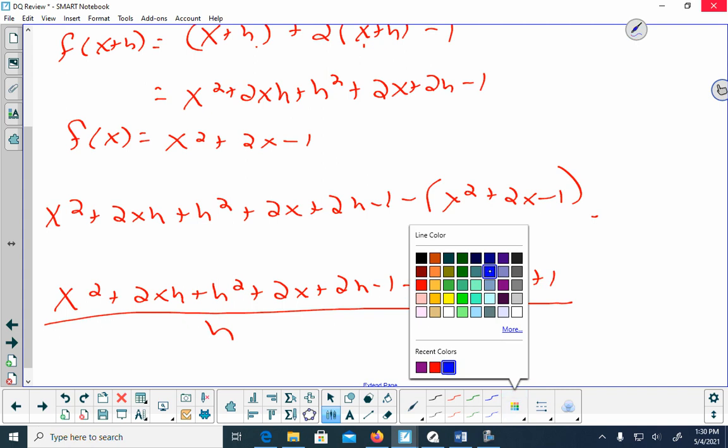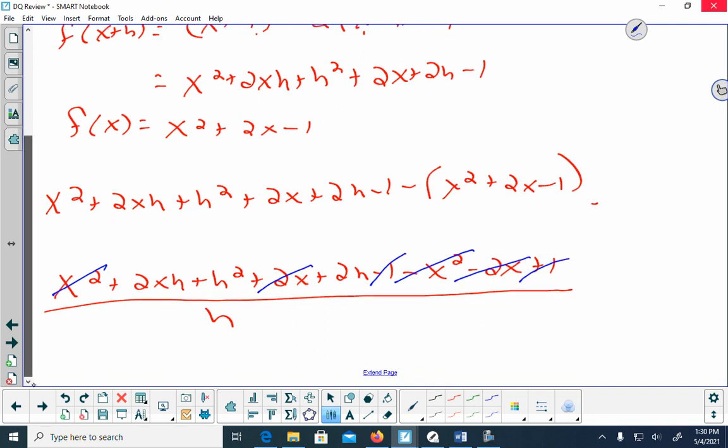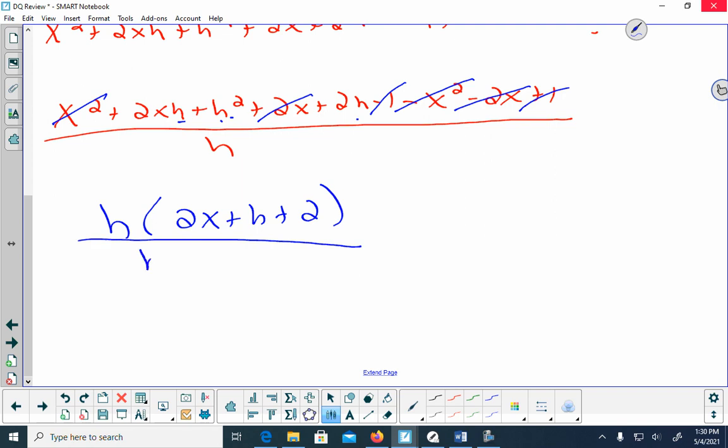The x squared, positive 2x, negative 1, 1, those all equal 0. Everything that's left should have an h. So when I factor out h, I'm going to have an h times 2x, where this power gets reduced by 1, all over h. The h's simplify, and my final answer is 2x plus h plus 2.